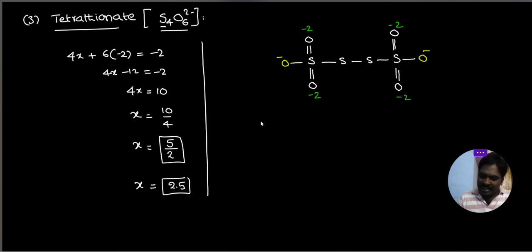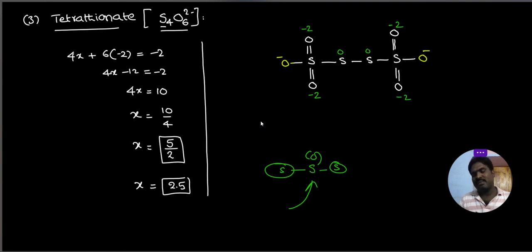Already I told you, sulfur attached to 2 similar sulfur atoms, its oxidation state is 0. This sulfur attached to 2 similar sulfur atoms, 0. Clear?